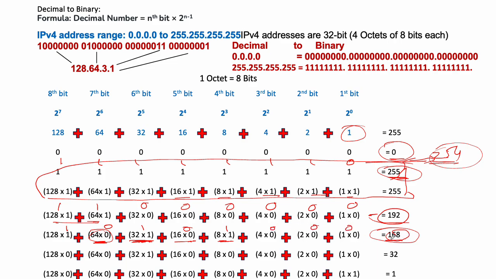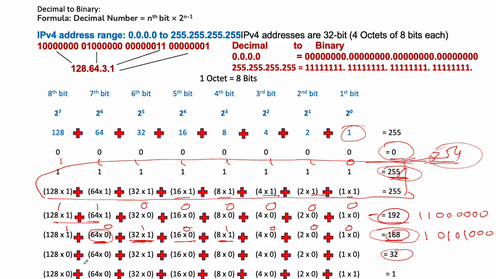This is our binary value of 168. I can write it here. 1 1 0 0 0 0 0 0. And here 1 0 1 0 1 0 0 0.